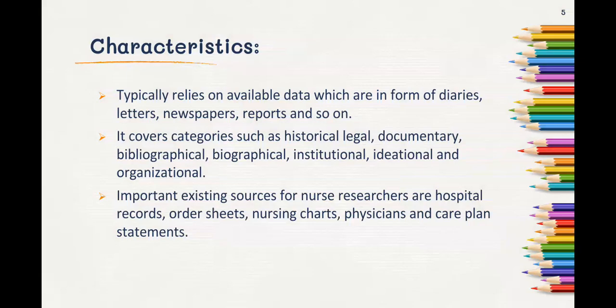Next are important existing sources. For example, important existing sources for nurse researchers are hospital records, order sheets, nursing charts, or physicians' and care plan statements. This is one example of documents.